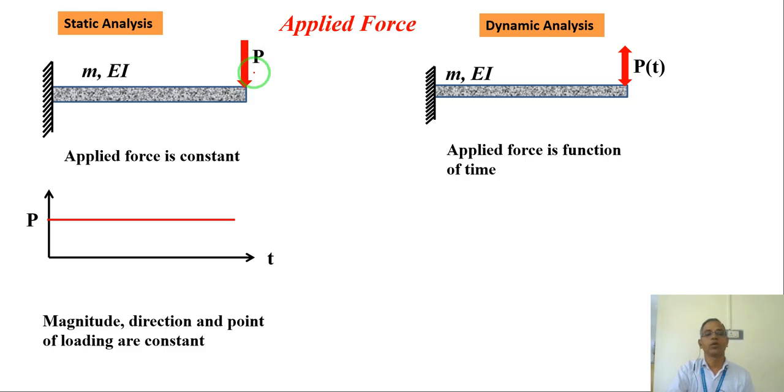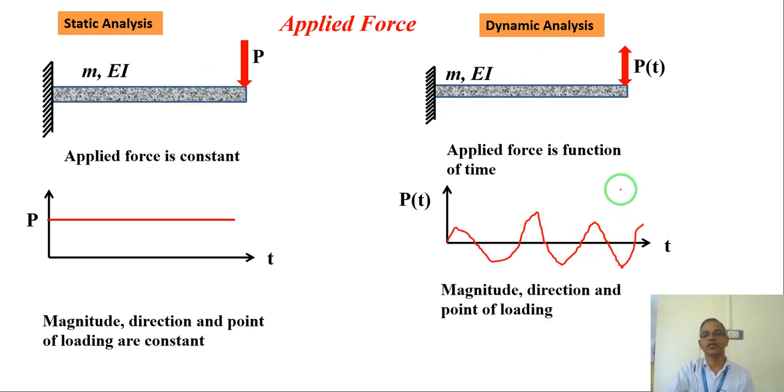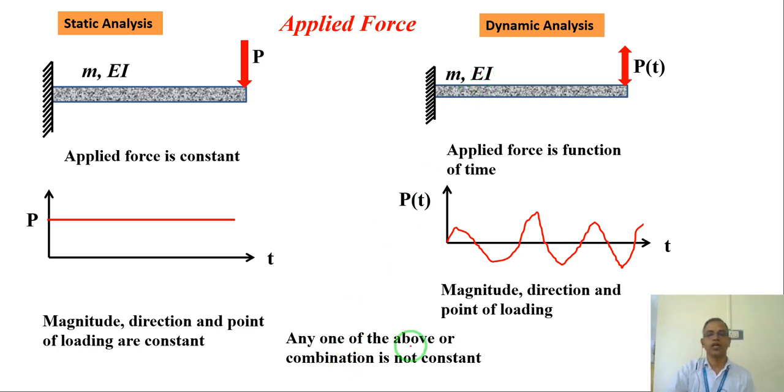And then the location, here or here. Whereas in the dynamic analysis, the magnitude, the direction and the point of loading will change. Then we call this analysis a dynamic analysis. So if any one of the above, or a combination, is not constant, then it is called dynamic analysis.